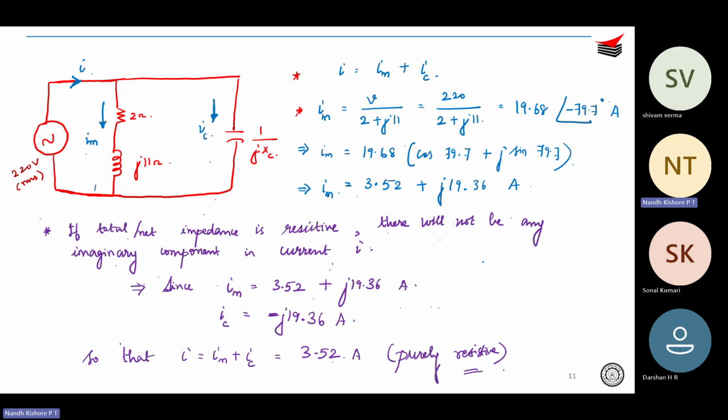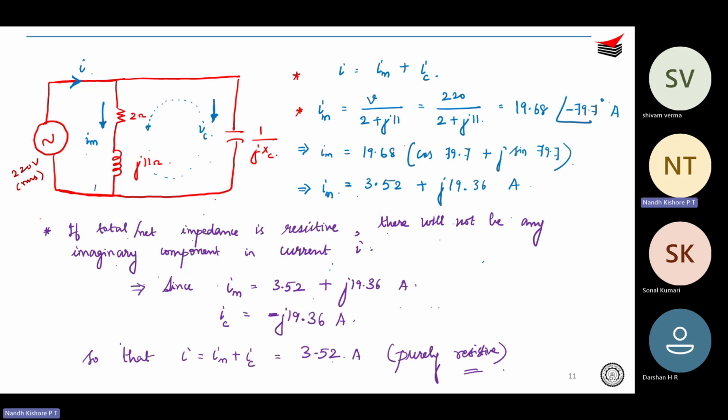So if the current entering the capacitor is negative, it means the capacitor is supplying current. Basically the reactive component of current is being supplied by the capacitor to the motor. So this reactive part circulates only between these two. It will not go to the supply. That is what the sign is signifying.